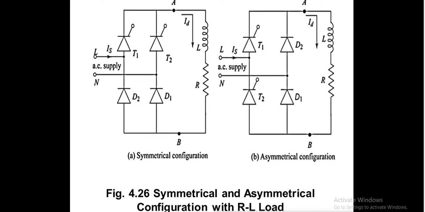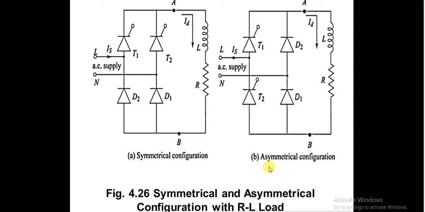As seen in this circuit diagram, again there are two configurations with the inductive load. First is the symmetrical configuration, second is the asymmetrical configuration. In the symmetrical configuration, the two SCRs T1 and T2 have common cathode, and the two diodes D1 and D2 have common anodes.